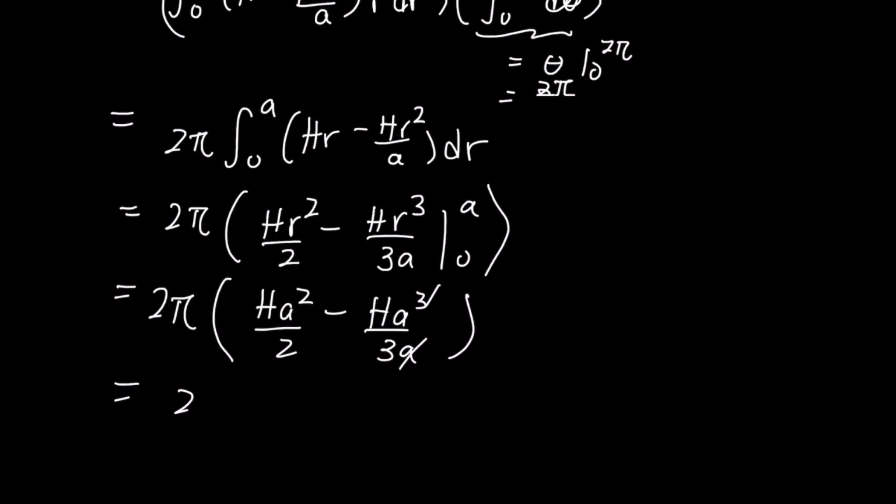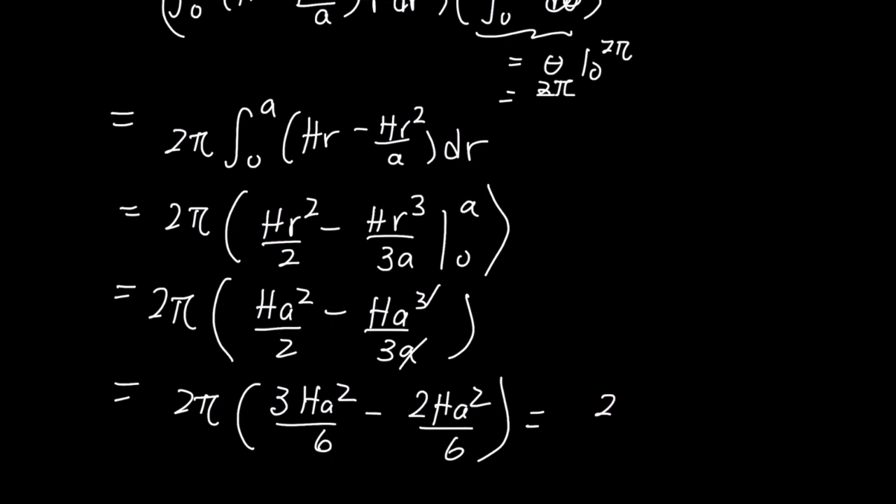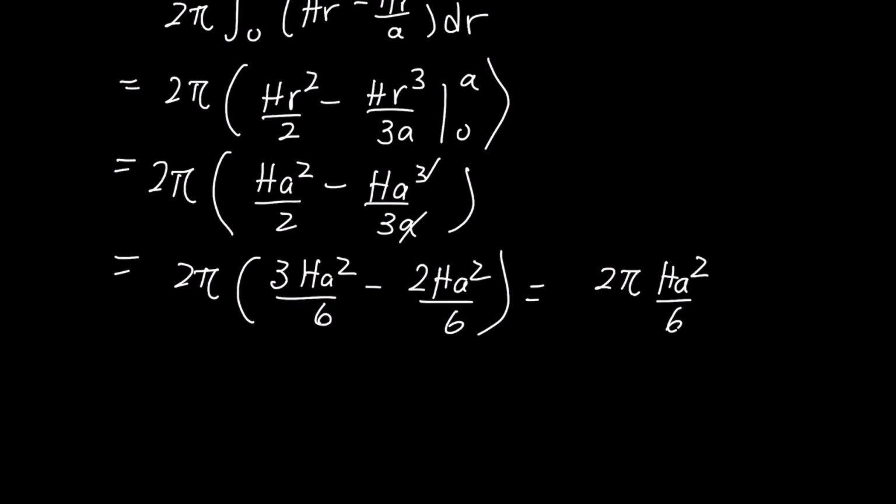This will give us 2 pi times 3 ha squared over 6 minus 2 ha squared over 6. This ends up giving us 2 pi ha squared over 6, which then produces the familiar result that the volume of a cone is 1/3 pi h a squared.